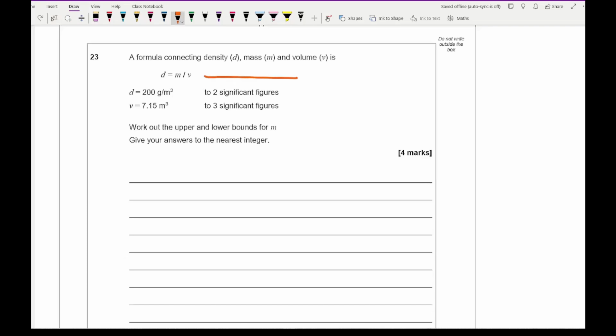So what I need to do first is rearrange this formula to make m the subject. So I've got that D equals m over v. So m equals d times v.